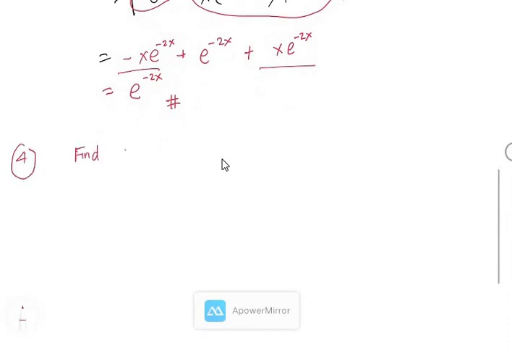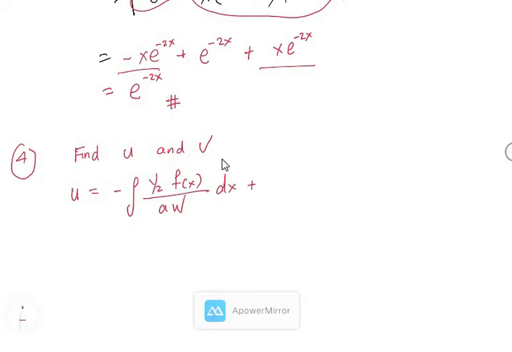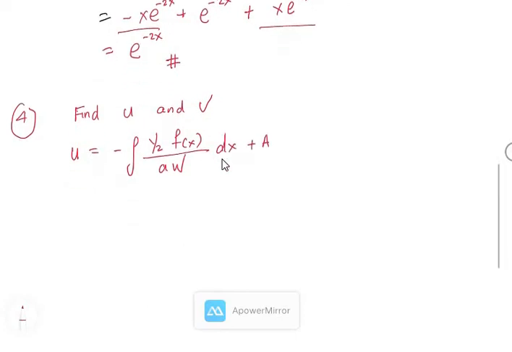And then minus, here you got minus, so it's a plus exponent negative 2x. So this one can cancel out, you are left with exponent negative 2x.